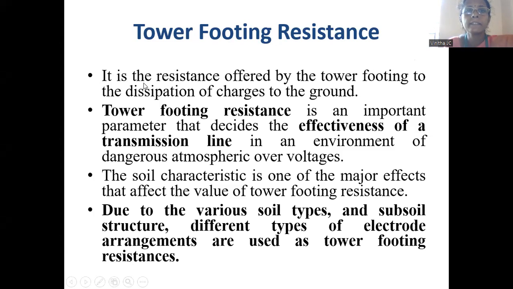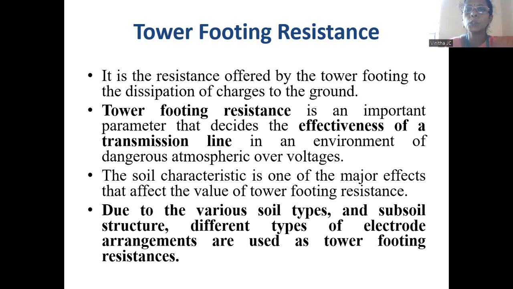It is the resistance offered by the tower footing to the dissipation of charges to the ground. As we know, the purpose of a resistance is to discharge whenever any faulty condition occurs.